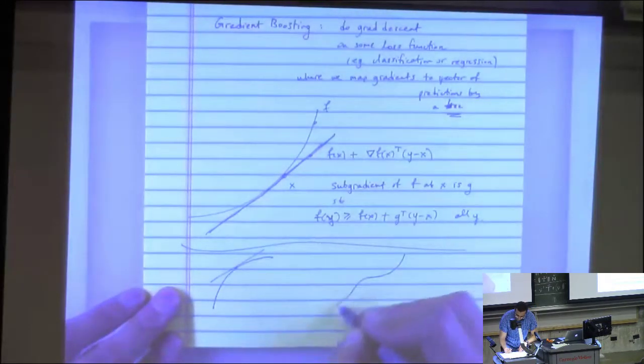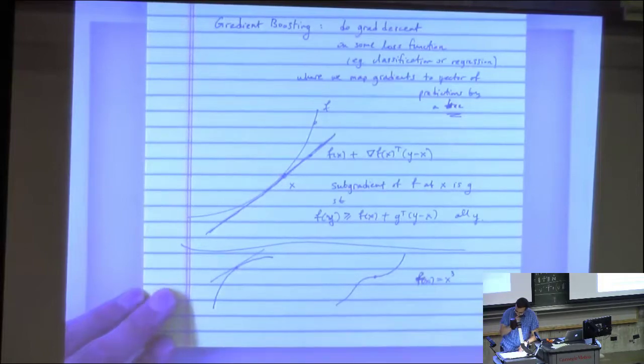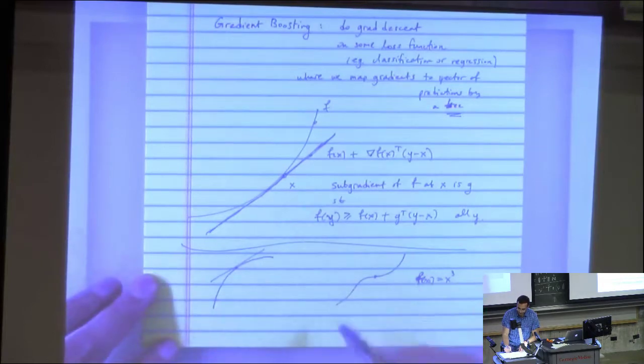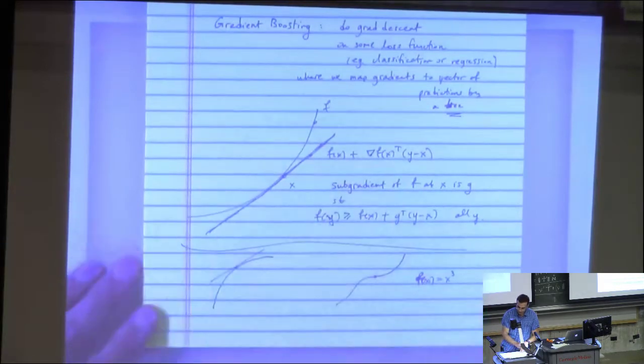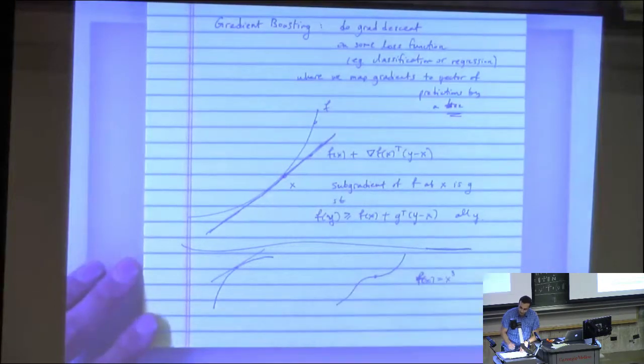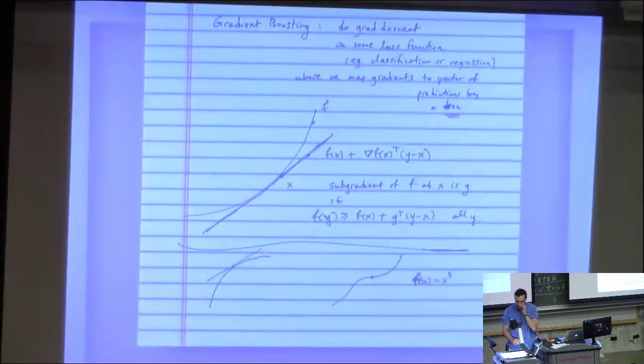A function like f of x equals x cubed is smooth everywhere and has a derivative of 0 at 0, but I can't find any line that would globally underestimate the function. So there are lots of examples of non-convex functions that are smooth everywhere and don't have subgradients.